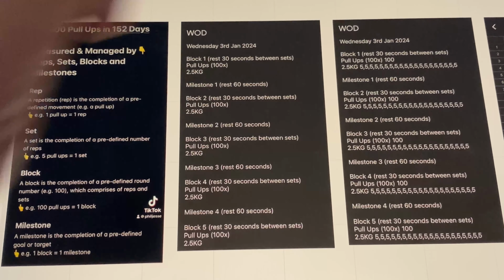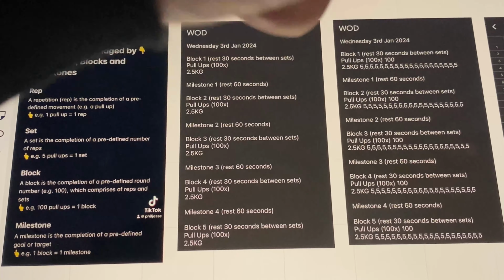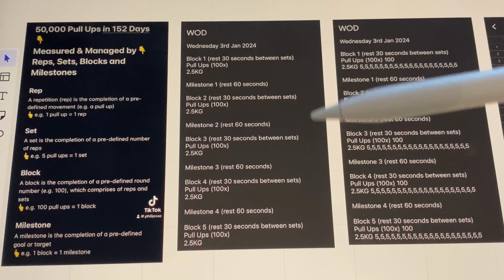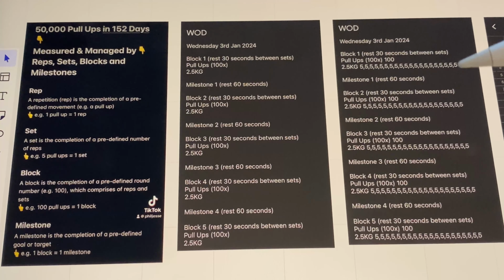This is what it looks like when it's completed. What you're looking at right now is literally a carbon copy of the middle screenshot, which we've just been talking through, but it's filled out with the reps, and you can see how they're broken down into sets.